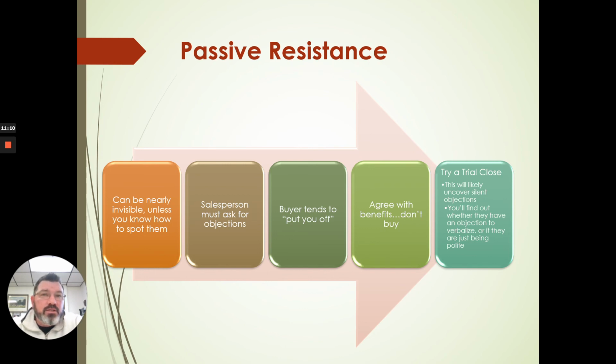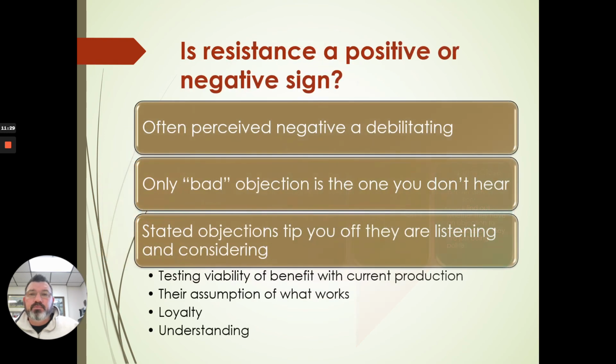If they dodge you, then either an excuse or an objection is there, that now you're going to give them the opportunity to verbalize it, or you need to go back to probing questions a little bit more and find out what objection is being hidden at that point in time, that they're really not verbalizing for you.